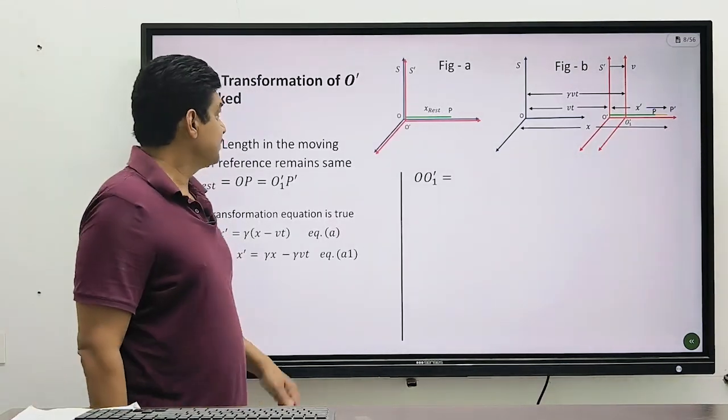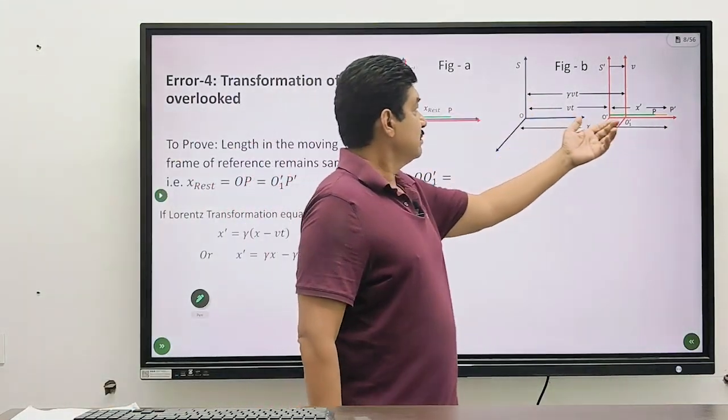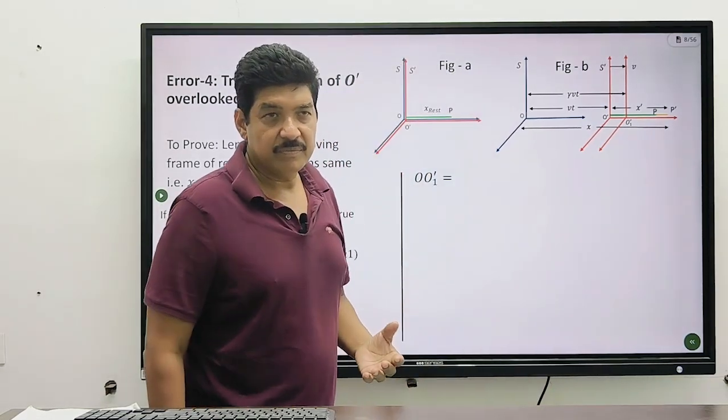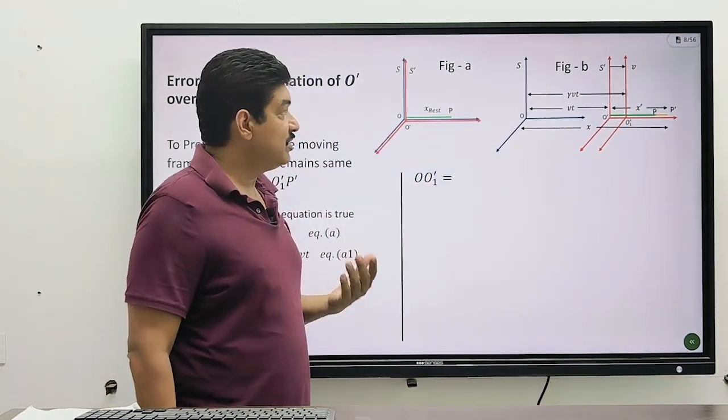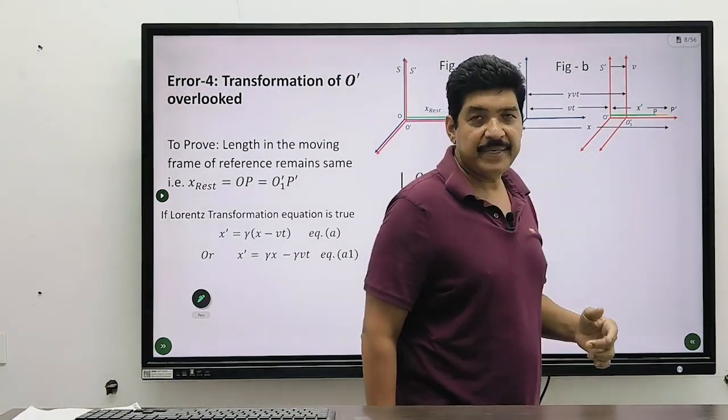Now the last one, the fourth one. Now in this frame of reference which is moving, what they have done is they have assumed that point P has transformed to point P prime.